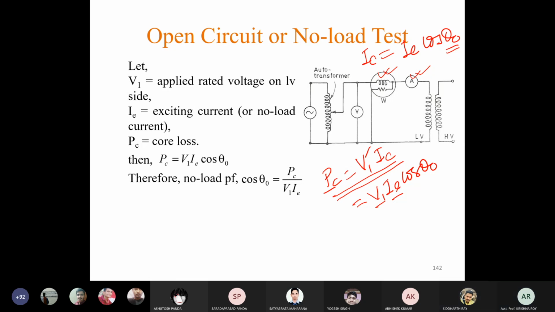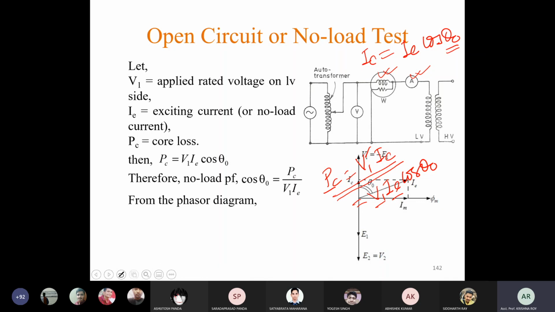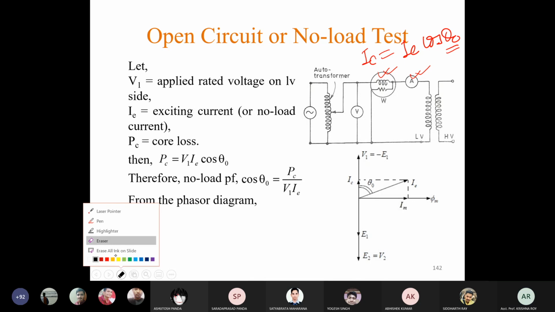Yes, sir. Now from this we can draw the phasor diagram. This is the phasor diagram. Here V1 is equal to V1 dash, which is equal to minus of E1. So that is the applied voltage.